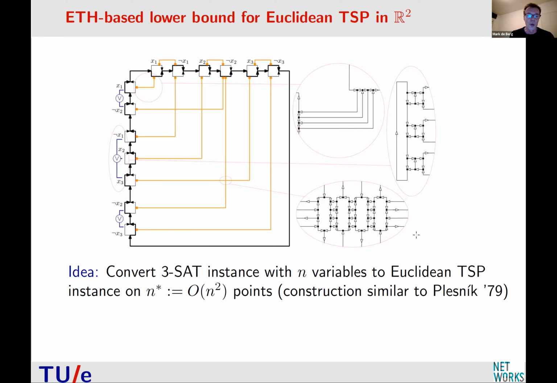Because of this crossing gadget, the original instance, which had maybe n variables and let's say also n clauses, now suddenly has maybe n squared points in my TSP instance. This little variable gadget probably has a constant number of points, and this also has a constant number of points, but for every crossing I also need something. So in total, I get n squared points.